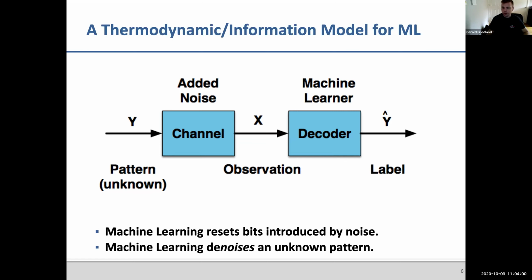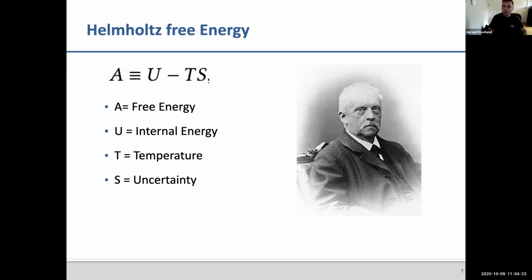So in 1892, I think, a guy from Berlin, a professor at Berlin University, Helmholtz, Nobel Prize in physics too, wanted to understand something. He wanted to understand when I have a machine.